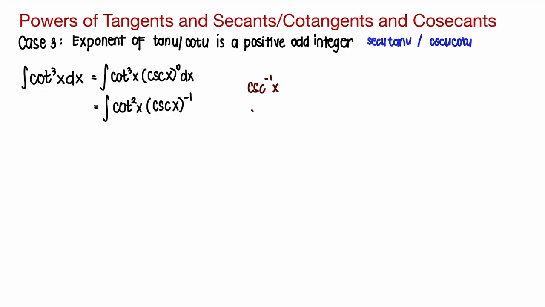Instead, I'm writing cosecant x raised to the power of negative 1 because the other can be mistaken as the arc cosecant of x. So if the exponent is negative 1, you just enclose it in a parenthesis, which means that you're raising it to the power of negative 1, and you're not taking the arc cosecant.